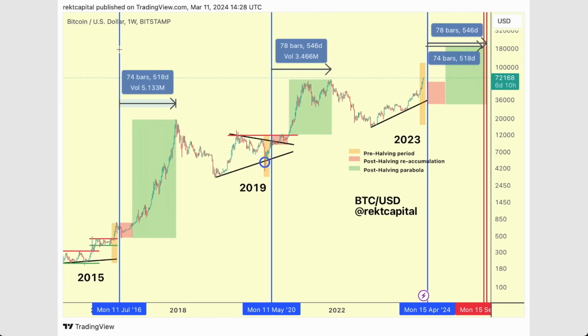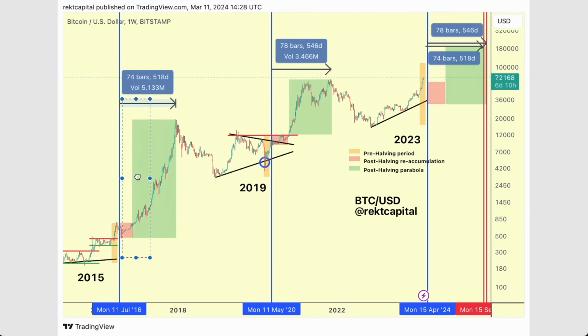Historically, according to the halving cycles we've been analyzing for a long time now, Bitcoin has topped out 518 days or 546 days after the 2020 halving. So it gives us a range of 518 to 546. So if we're actually now accelerating by 260 days, that essentially cuts this time in half.